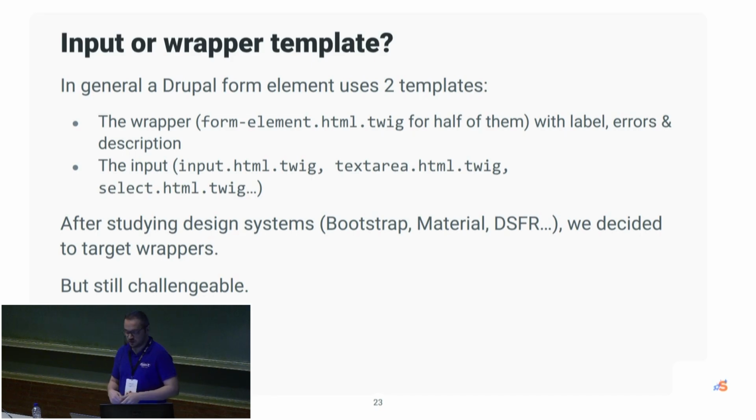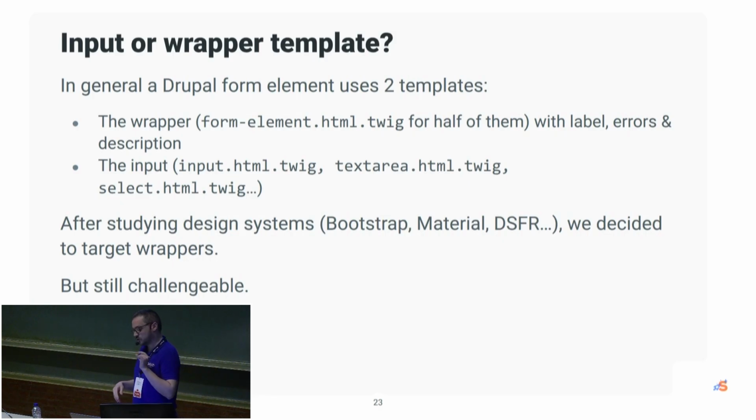Another question we are addressing is in Drupal in general, when you are displaying form elements, you have in fact two templates. The form wrapper, form-element.html.twig, which handles the label, errors, messages, the descriptions, and potentially, depending on the form element, also other stuff.